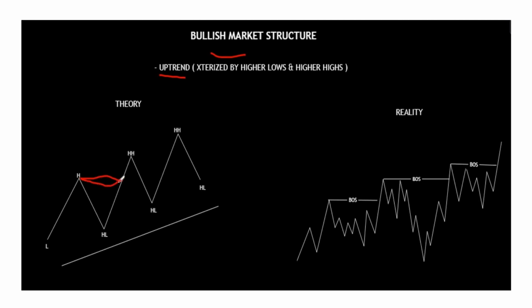And something really important for you to note, and this is very related to the way that I map structure personally in a mechanical way, is that after a break of structure, you can expect a pullback or a retracement, okay? So we had a break of structure at this point, price pulls back, and then it goes up and it breaks structure again, right?